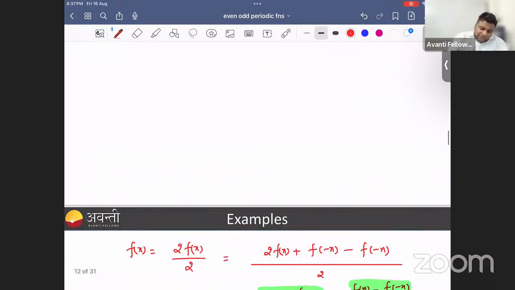Now, if I ask you a function, f(x) equals greatest integer of |sin x| upon 2. Tell me if it is even, it is odd, it is neither even nor odd, or what it is.